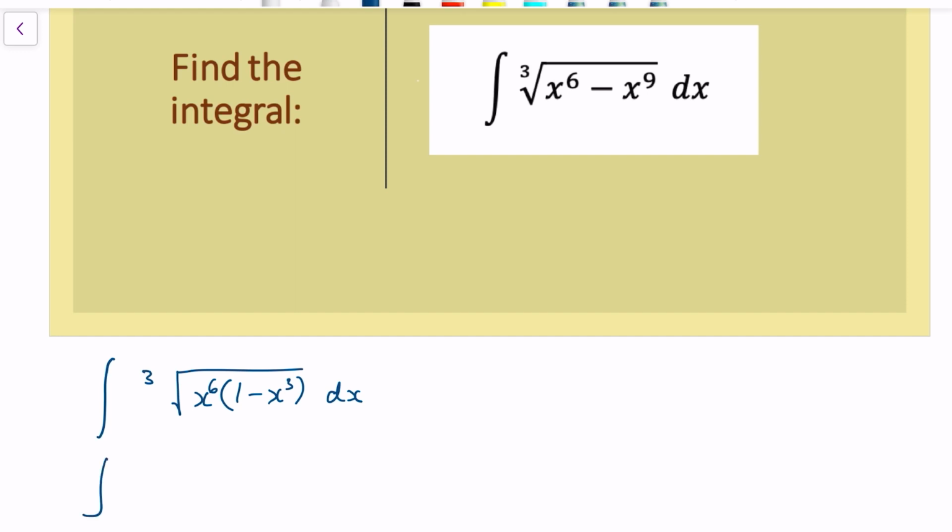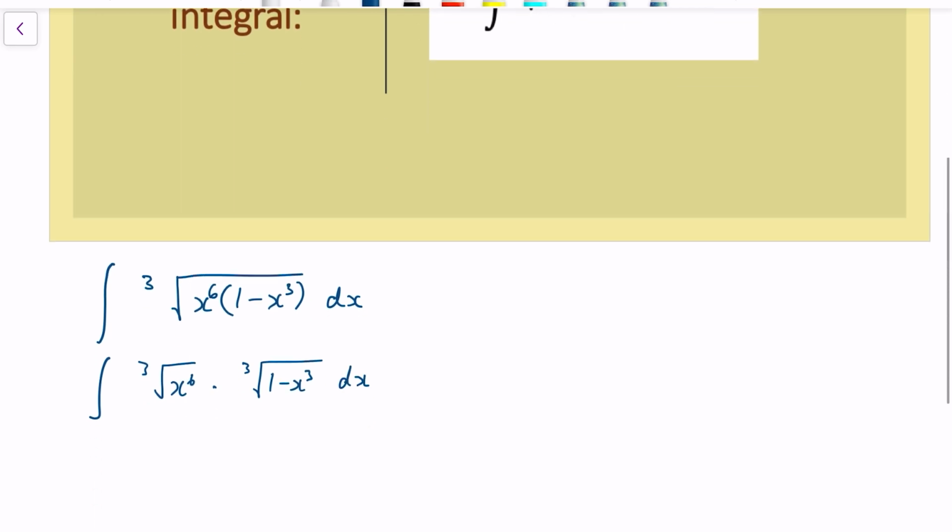So we end up with cube root of x to the 6 multiplied by the cube root of 1 minus x cubed. Algebraically simplifying the problem often helps. Cube root of x to the 6 is just x squared. And now we can make the simple substitution.